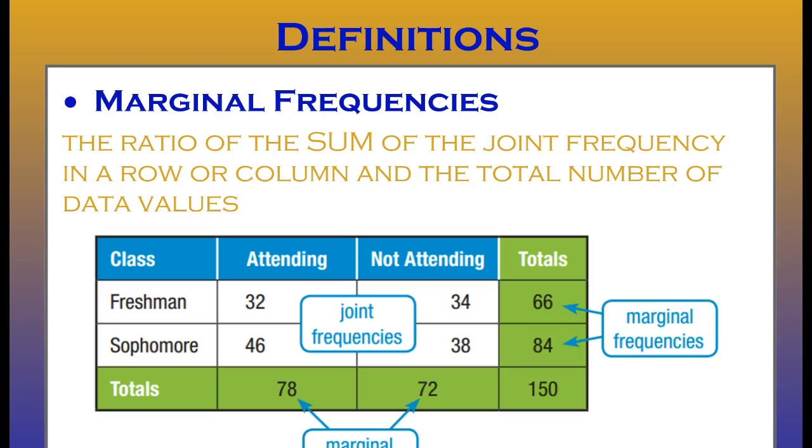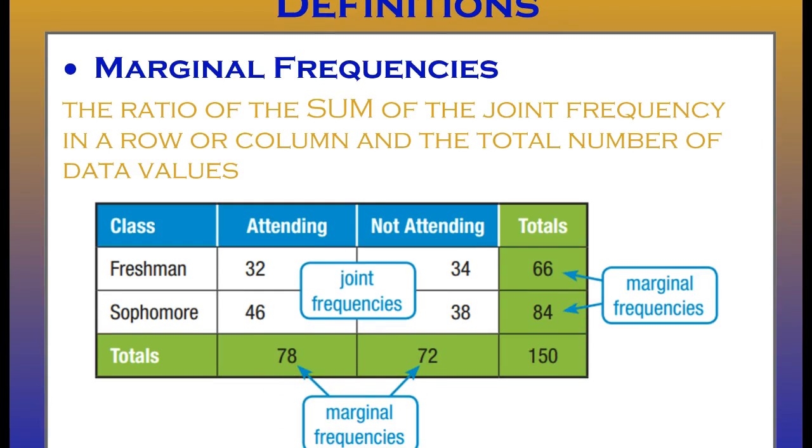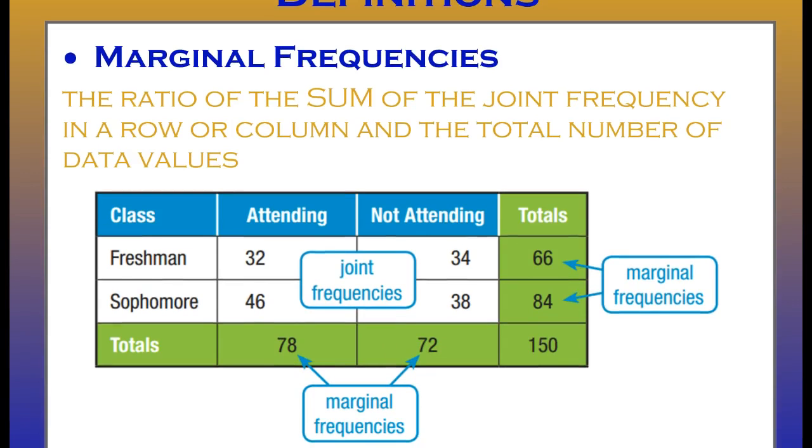Then we have the marginal frequencies, which is the ratio of the sum of the joint frequencies in a row or column and the total number of data values. So your marginal frequencies occur on the outside here. Again, your joint is in the middle and your marginal is out in the margins.